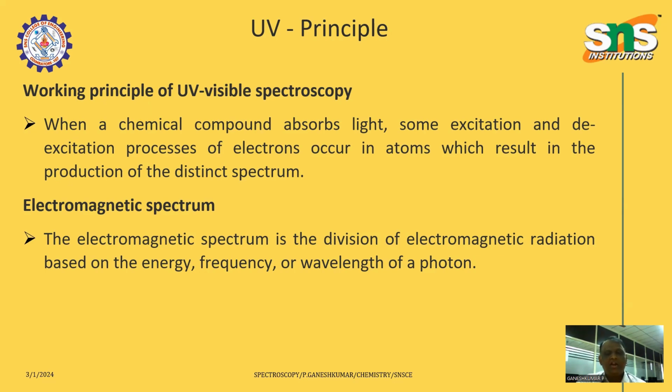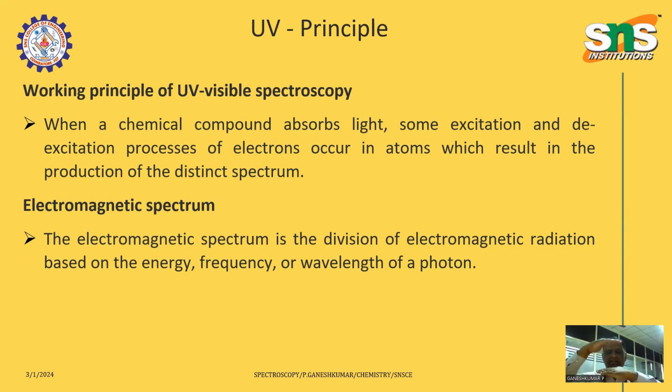So when a chemical compound absorbs light, it depends upon its concentration. And when it absorbs light, excitation and de-excitation processes of electrons occur. Excitation means an electron is shifting from a lower orbital to a higher orbital, from a lower energy to a higher energy level.